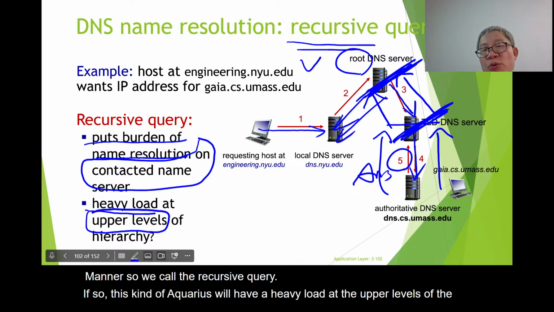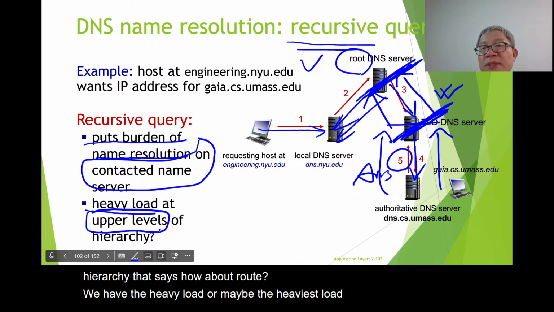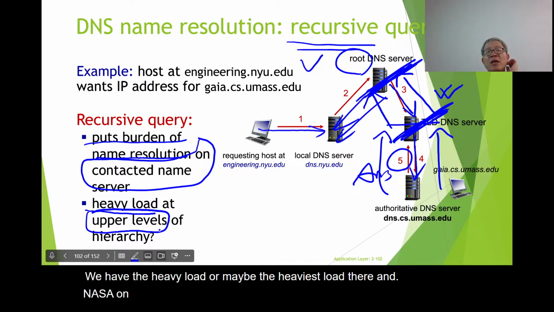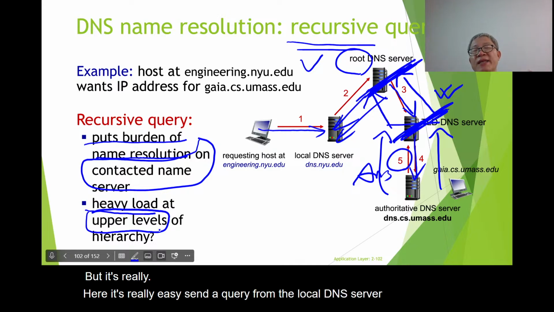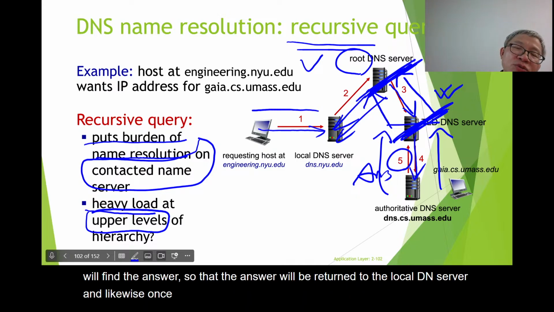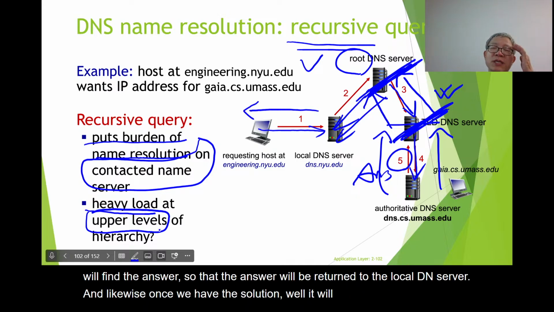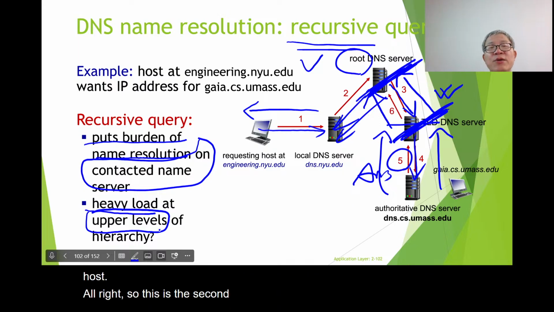How about root? We have the heaviest load there, and next is the TLD. But here it's really easy. Send a query from the local DNS server, and root will find the answer, so that the answer will be returned to the local DNS server. And likewise, once we have the solution, it will be returned to the host. So this is the second query, the recursive query.